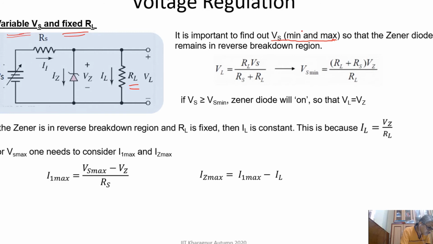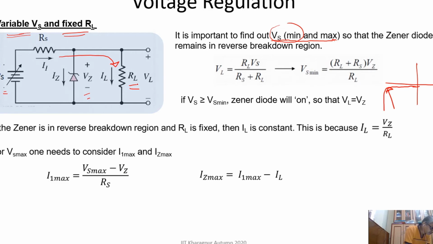In case of Vs min, we again assume like in the last slide that the Zener is just on the verge of breakdown, because the voltage is less, Vs min, so the voltage across the Zener is also less. So the maximum current is flowing through RL, because the current through the Zener is very tiny.